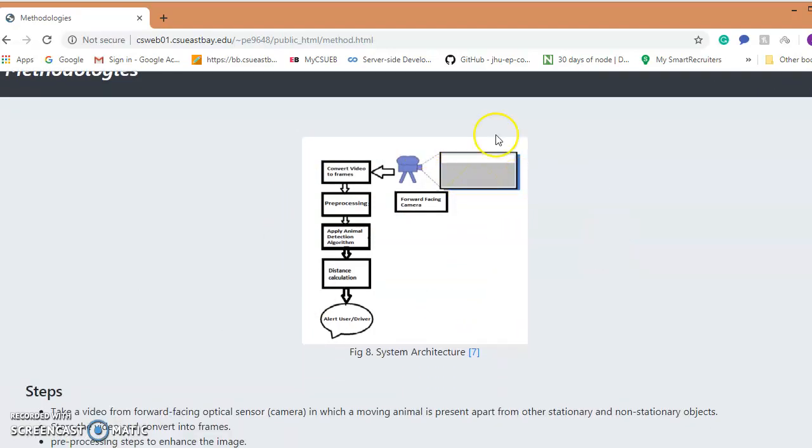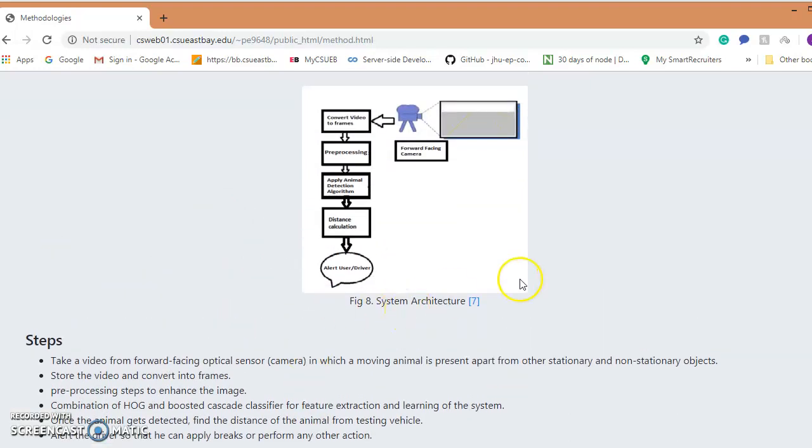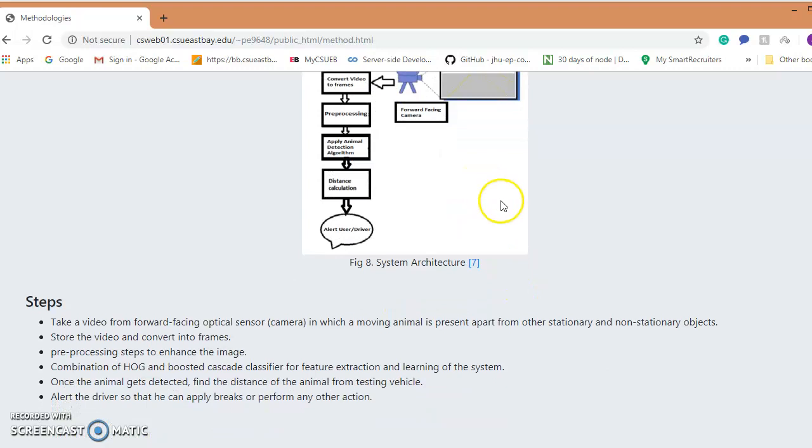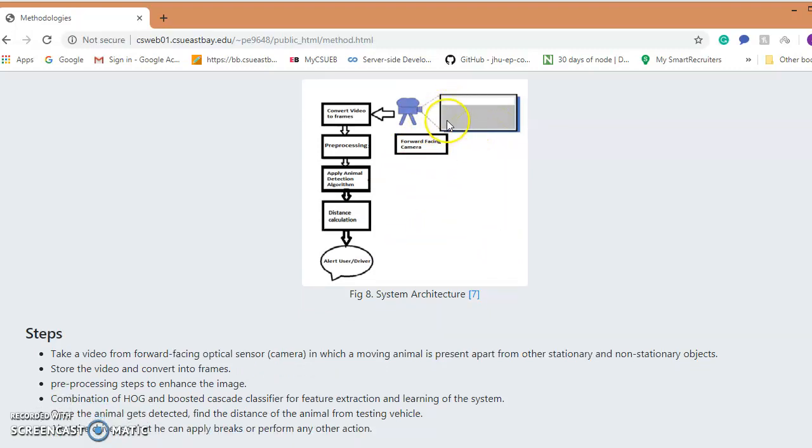So this is the system architecture diagram of the system to avoid collision between animals and vehicles. These are the steps. The camera is mounted on a vehicle, and the video is taken from the forward-facing camera, in which a moving animal is present apart from other stationary and non-stationary objects. After taking the video, we store the video and convert it into frames.